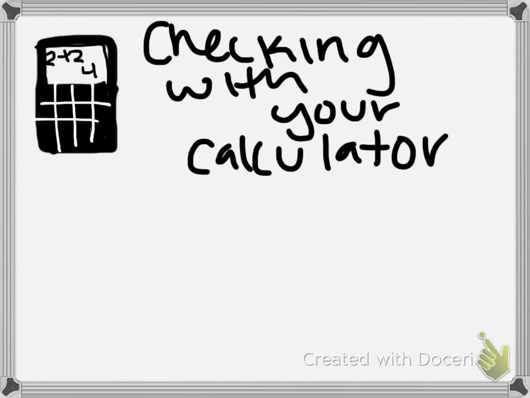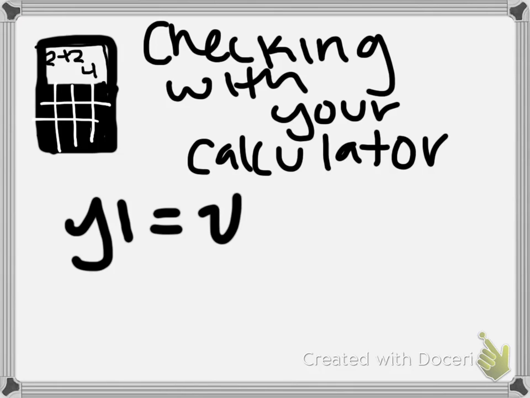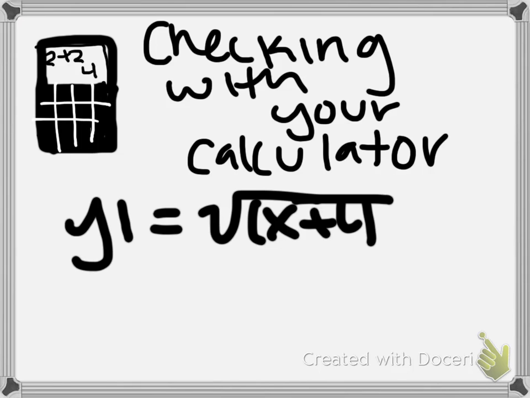Now I'm going to show you a way that you can check your solution with your calculator. First, you're going to go to graph, and in y1, put in one side of the equation, for example, the square root of x plus 4.